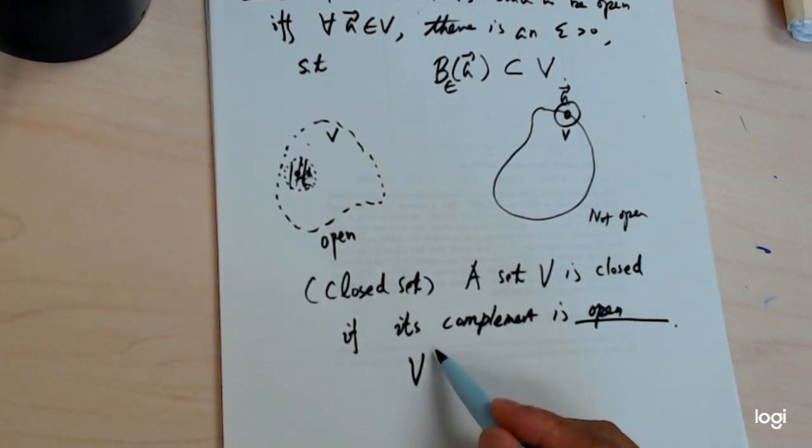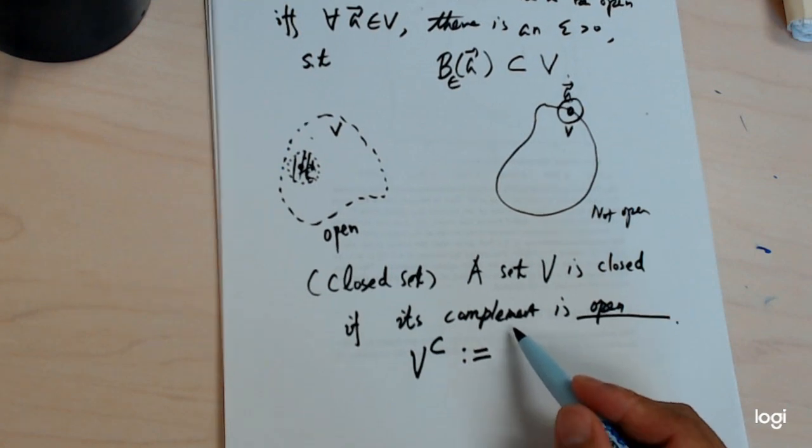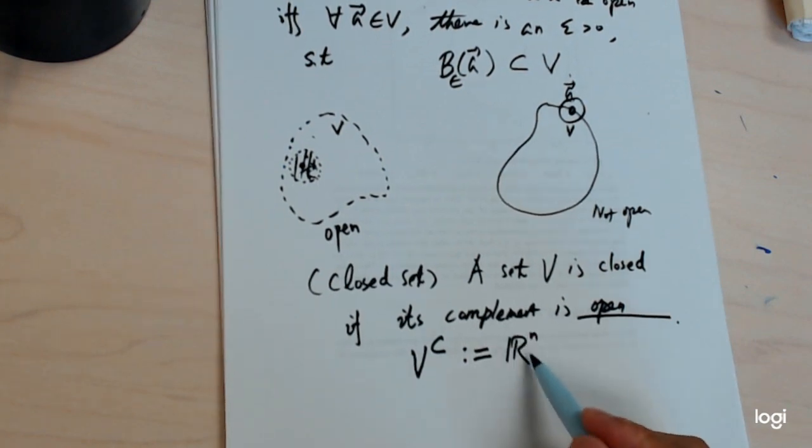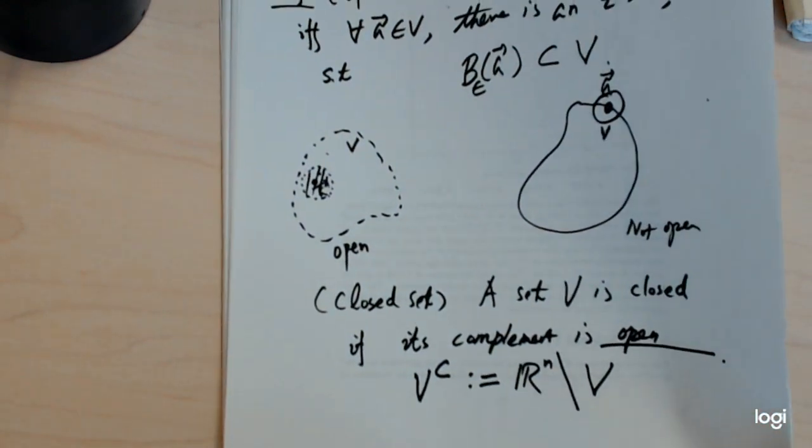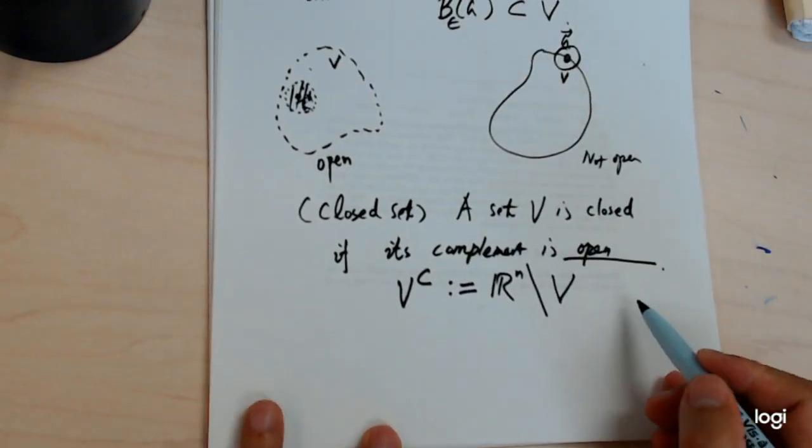The complement set, which is denoted by V^C here, is defined to be everything in Rn except elements from V. So just subtract V. So that's how we define open sets and closed sets.